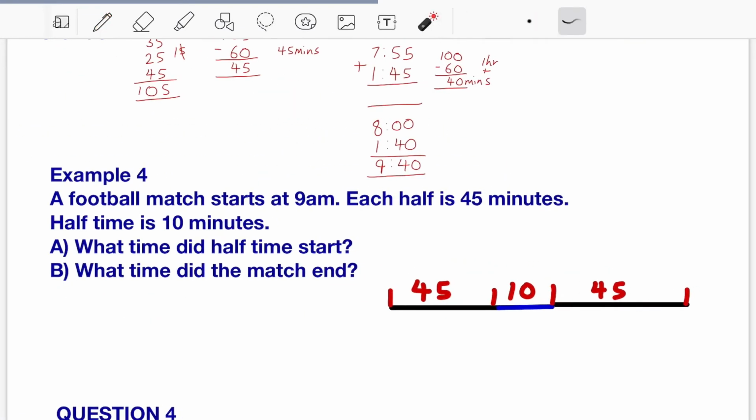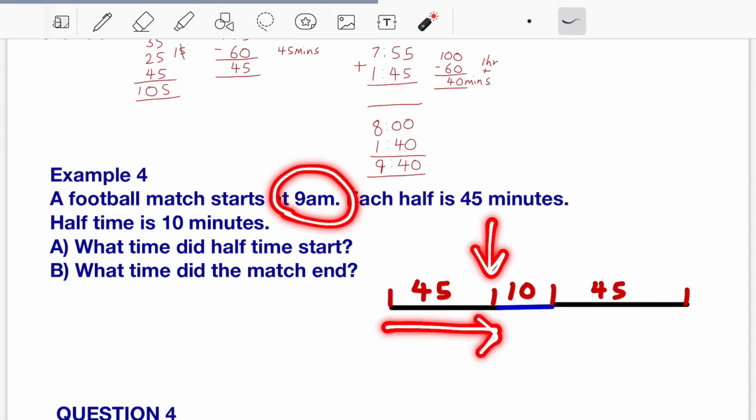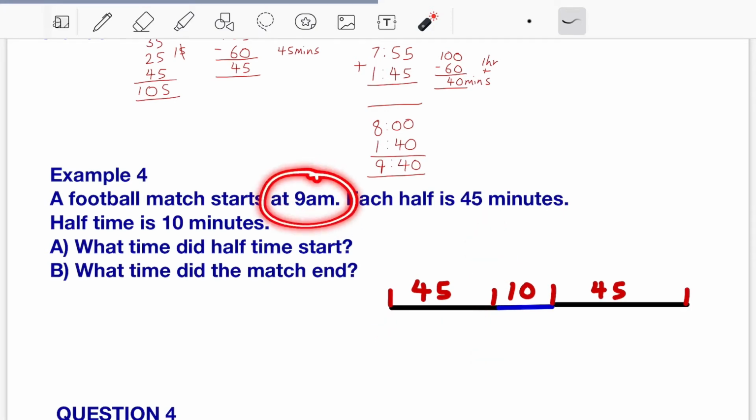So the question is, what time did the halftime start? The match starts at 9 a.m., goes for 45 minutes, and then we have the start of the halftime. So that will be 9 o'clock plus 45 minutes.